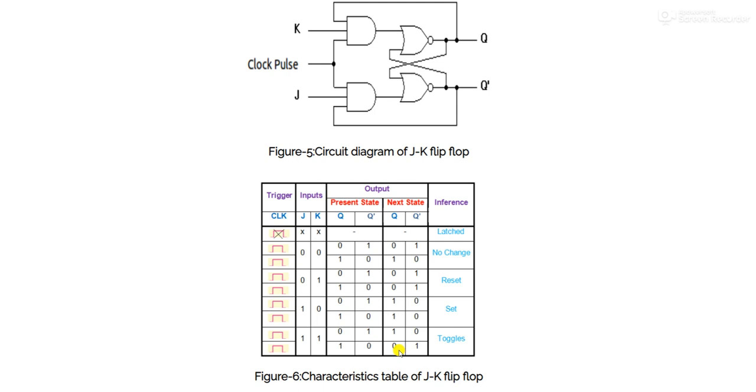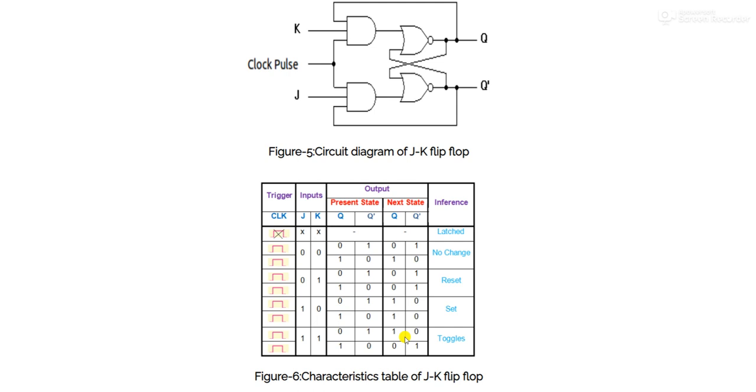Okay, now this Q equal to 0 and Q bar equal to 1 is your present state. So again, if your clock is high and the input combination is 1 1, you will get the output Q equal to 1 and Q bar equal to 0.